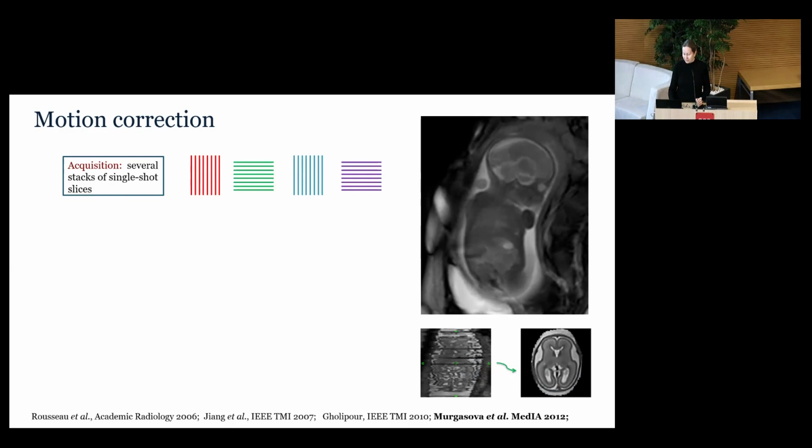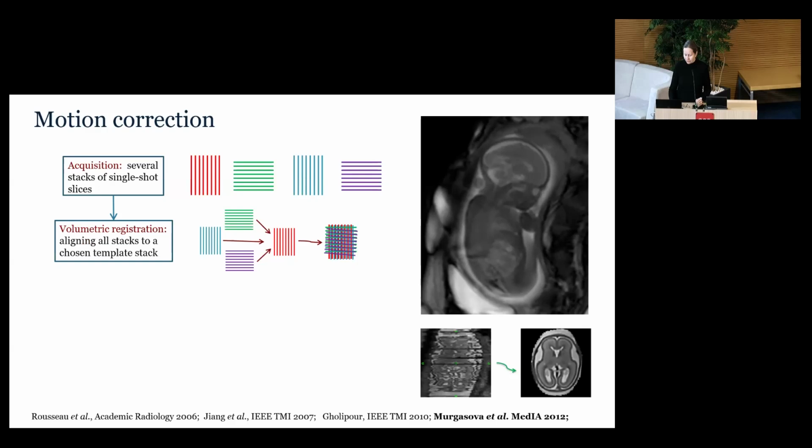And for structural imaging, we have HASTE imaging. So we acquire several stacks of single shot slices in different orientations. Then we start with volumetric registration. We select the best stack, do volume to volume registration to align all the stacks together.